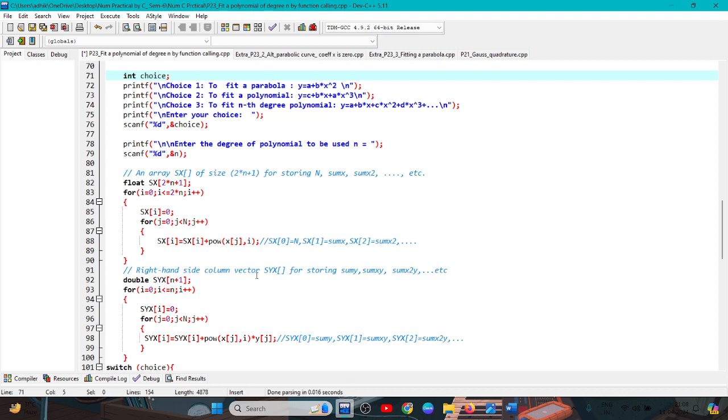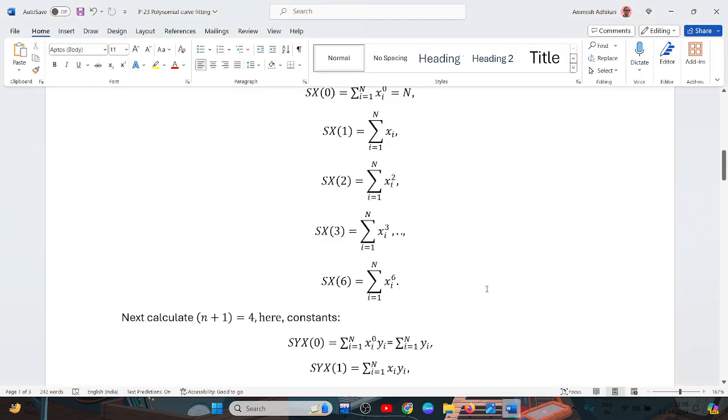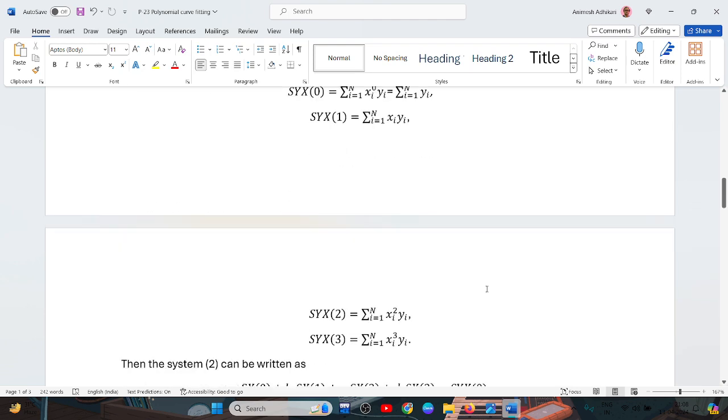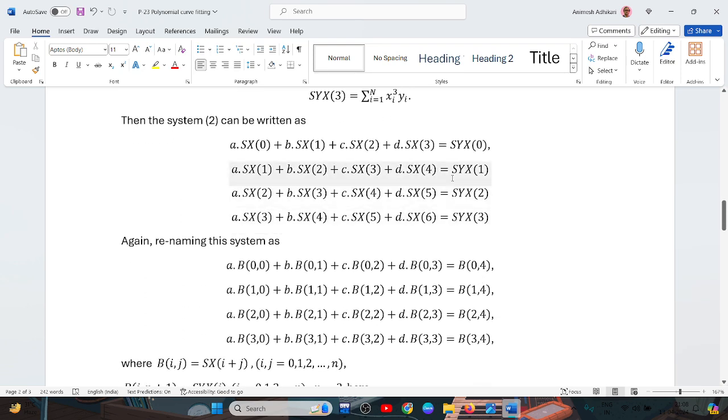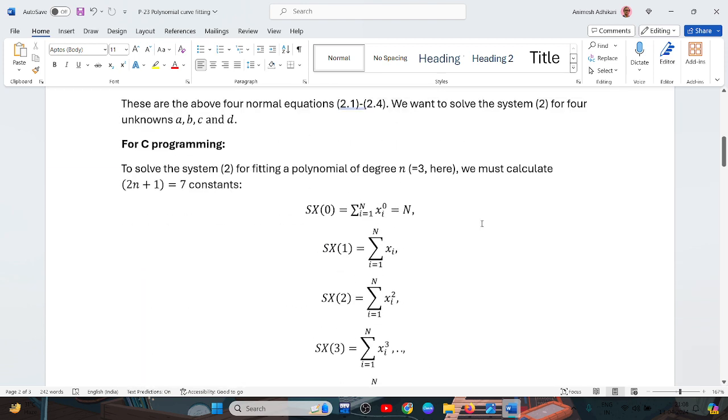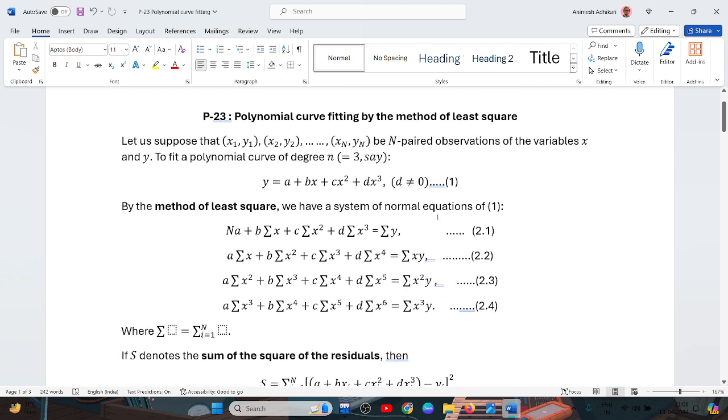And the right hand column vector, this is the Syx for storing sum y, sum xy, sum x square y. So Syx0, Syx1, Syx2, Syx3. The right hand side vector is sum y, sum xy, sum x square y, sum x cube y.